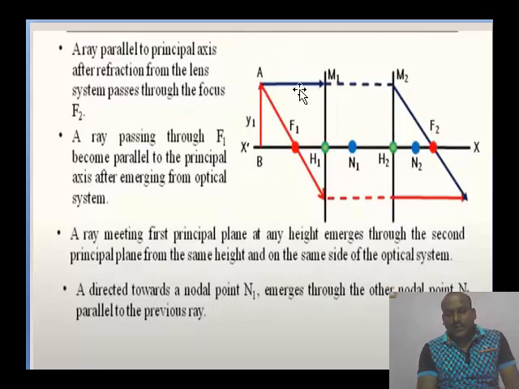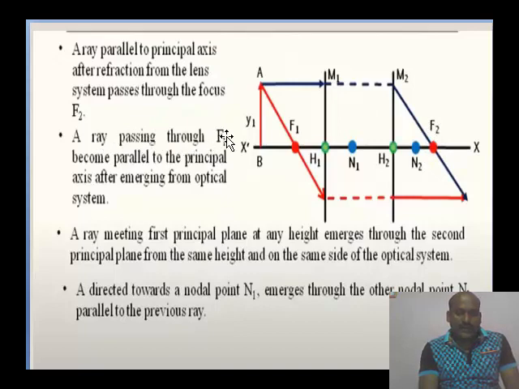This is an optical system, for example a lens, thick or thin. A number of lenses is called an optical system. When the ray is incident, it is refracted and meets at the F2 point.